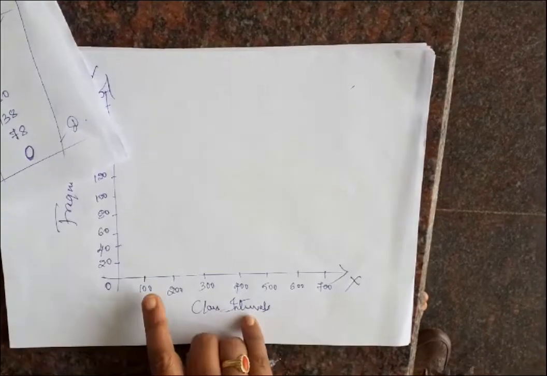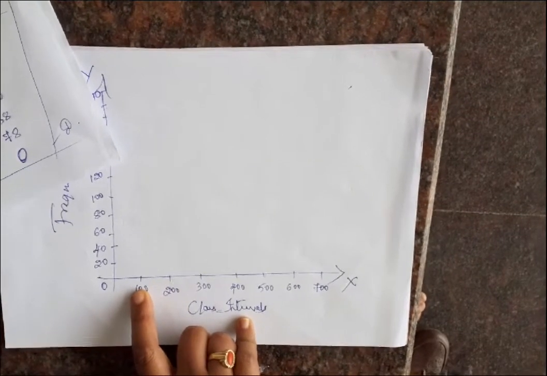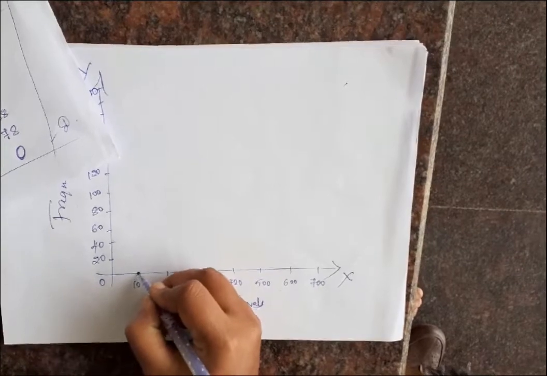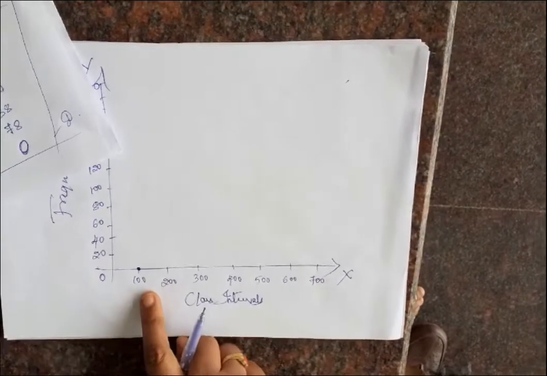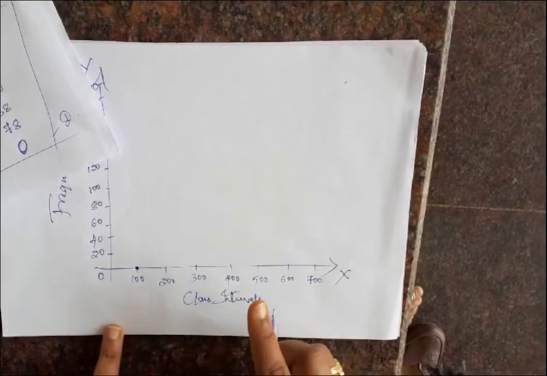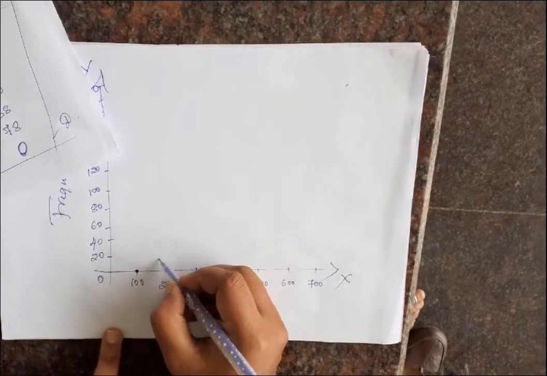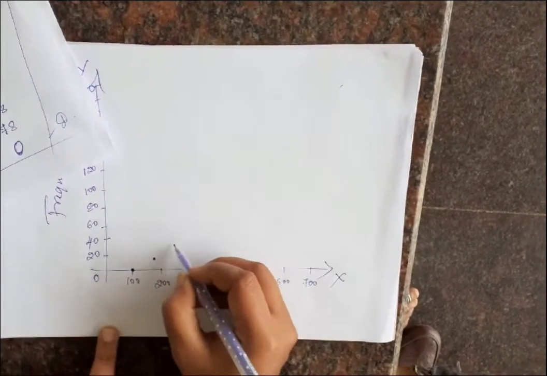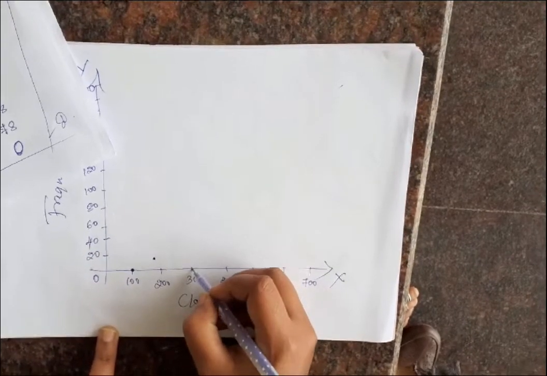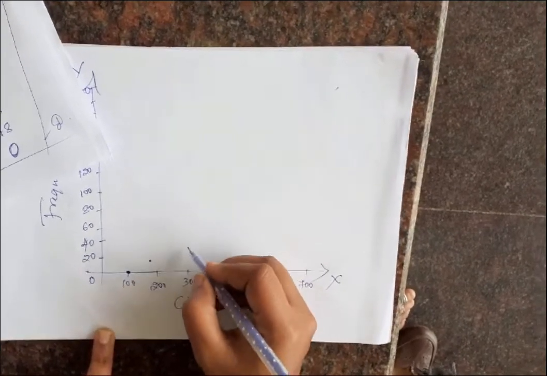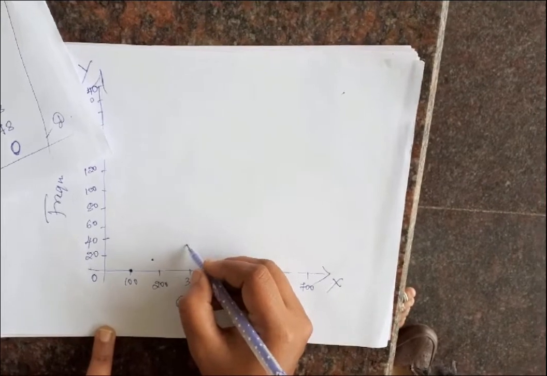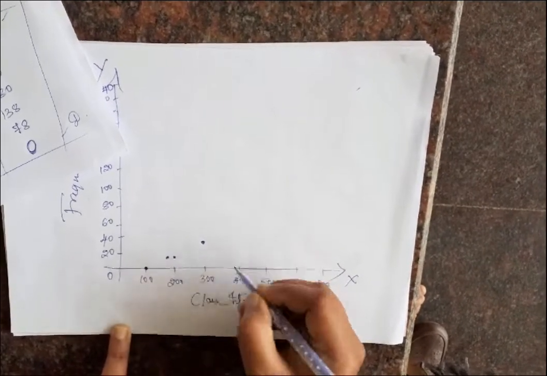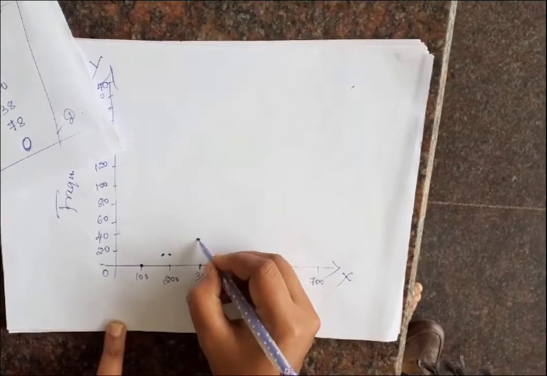For less than 100 we have 0, so we start from this point. Then 12 will come approximately here, mark it as 12. Then in front of 300, 30.